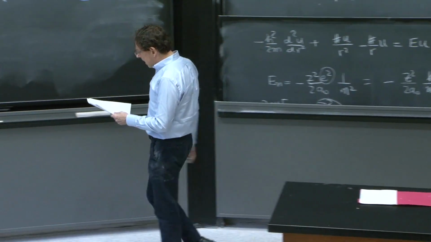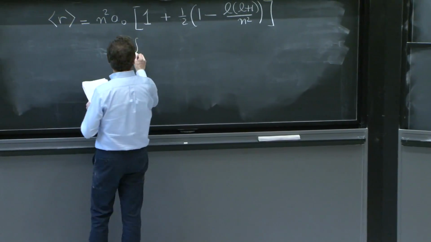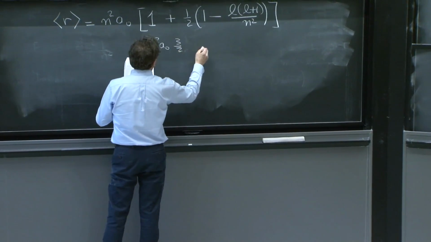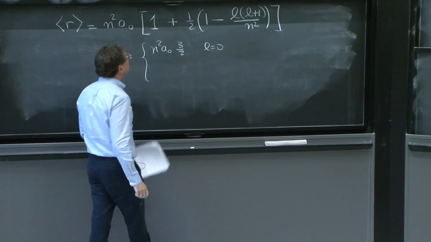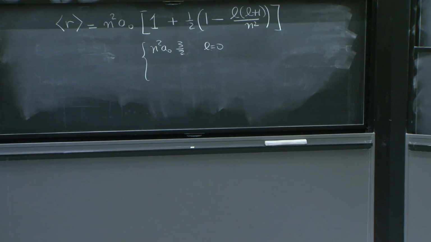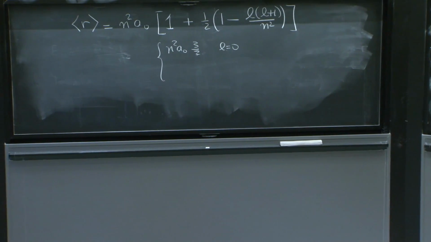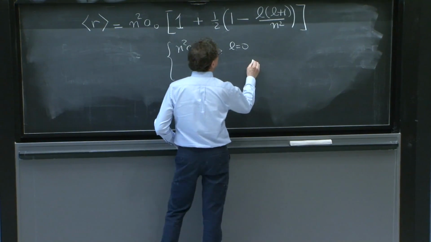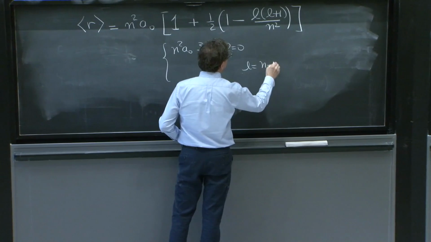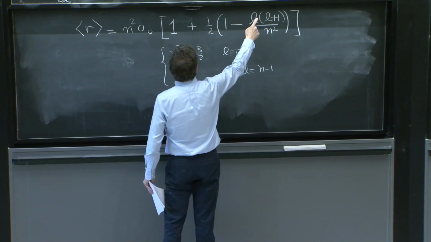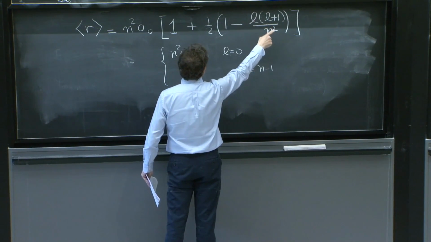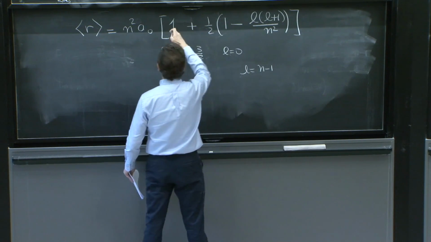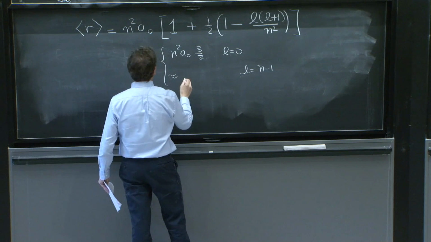To get an idea, this is equal to n squared a naught times 3/2 for L equals 0. When L is equal to 0, you see this whole bracket becomes 3/2. And for the maximum L, L equals n minus 1, this is roughly 1, this is roughly 0 to a good approximation, but not exactly.